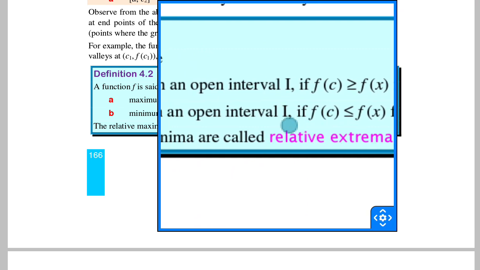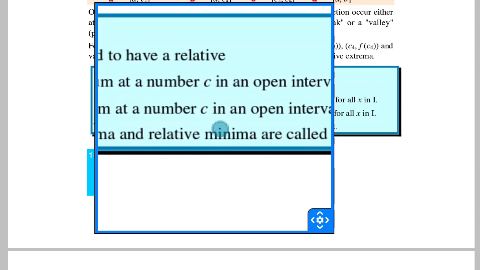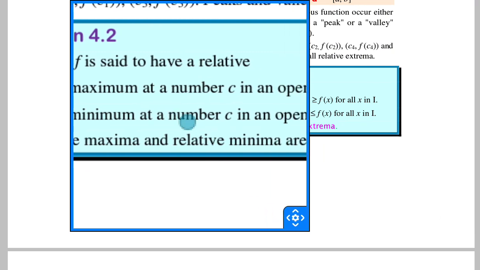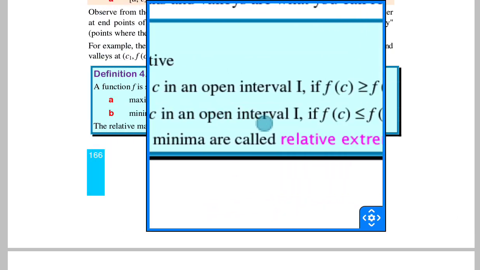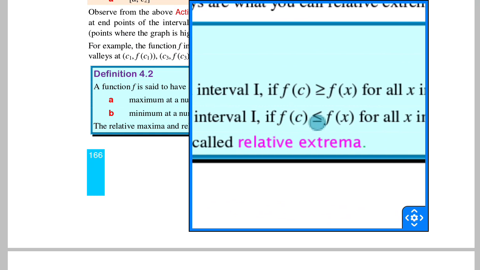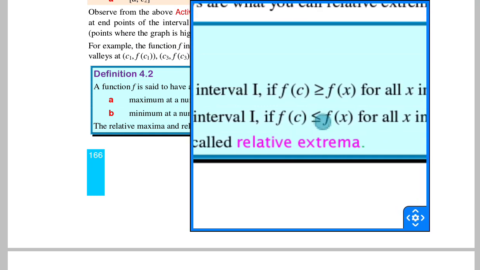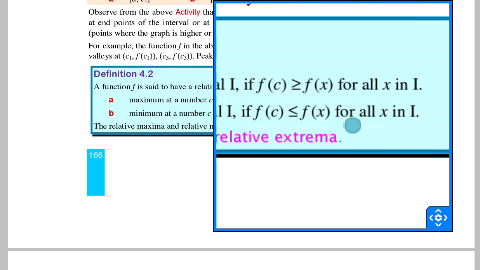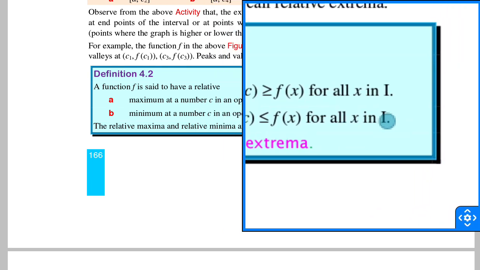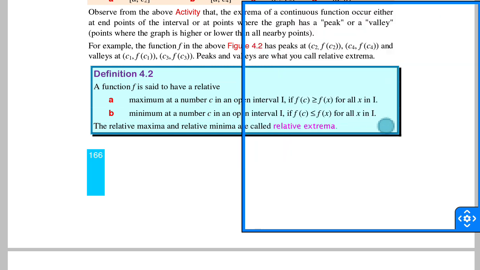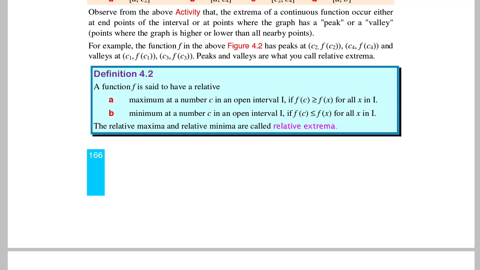Relative maximum number at maximum f of c in open interval if f of x is less than or equal to f of c for all x in interval I, where I represents the interval.